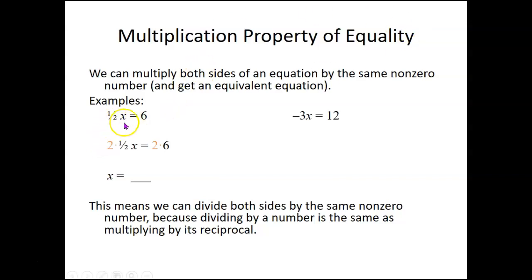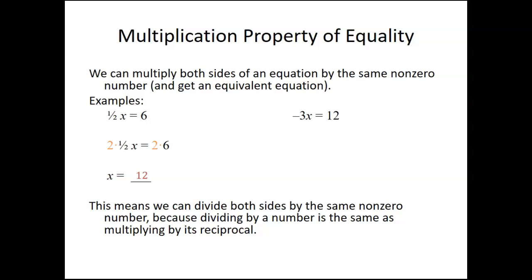So if we started with 1/2 x equals 6, to get rid of that 1/2, we could multiply by 2, because 2 times 1/2 times x would just be 1 times x, just x itself. So that would mean that x would have to be equal to 12. And that means that as a bonus, we get the ability to divide both sides by the same number.